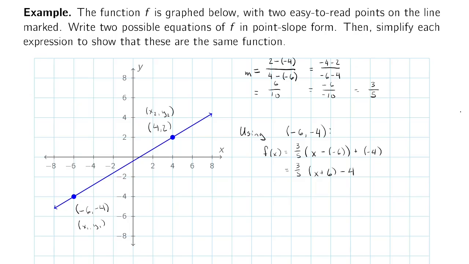If we use the other point, 4, 2, we get f of x equals 3/5 x minus 4 plus 2. And those look different. Those look like they might be different functions. Those are definitely not the same expressions. But look what happens when we simplify them.